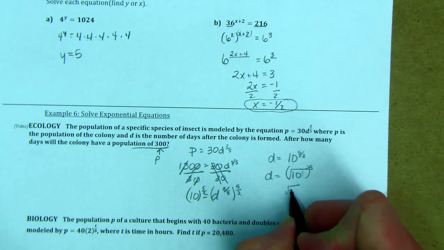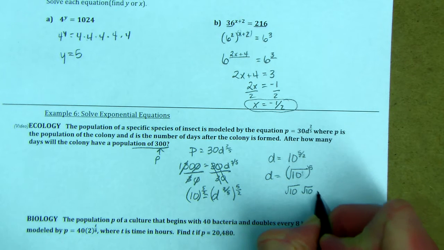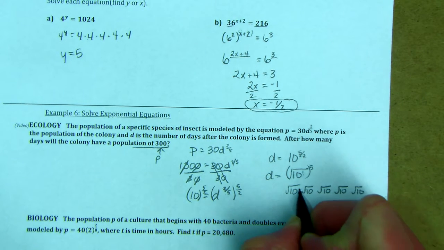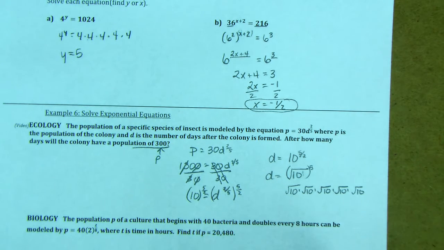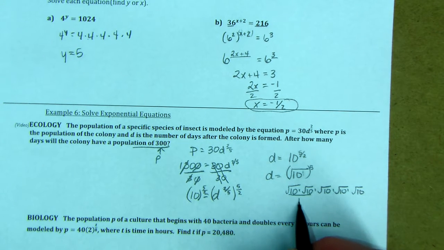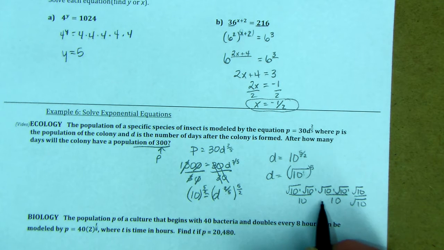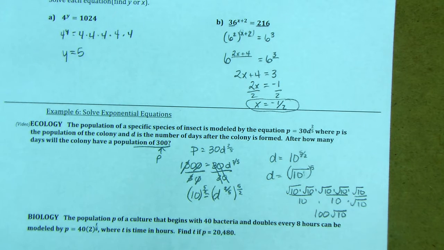This is the square root of 10 times the square root of 10, square root of 10, square root of 10, square root of 10. And these two give me 10, and these two give me 10, and this one leaves me square root. And I'm multiplying, so 100 times the square root of 10.